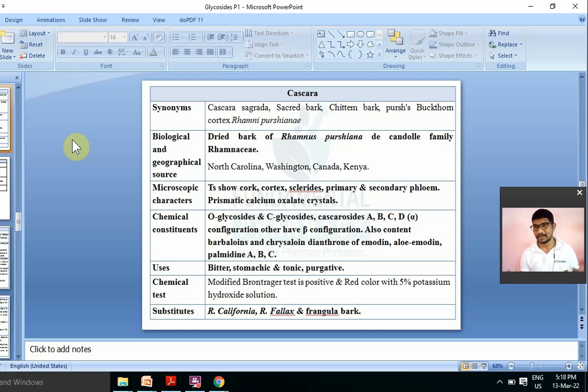That is the Borntrager test. Here just remember this much: Borntrager test is for O-glycoside, modified Borntrager is for C-glycoside. That is important.